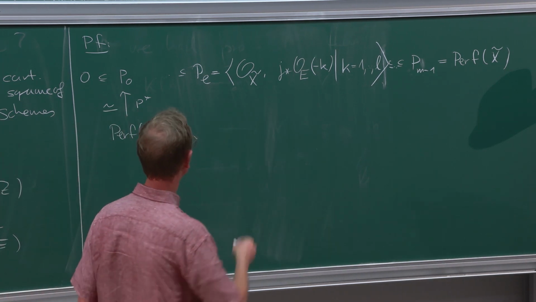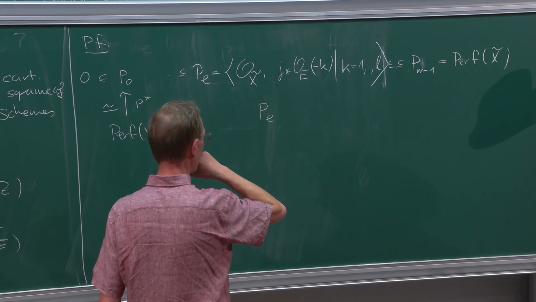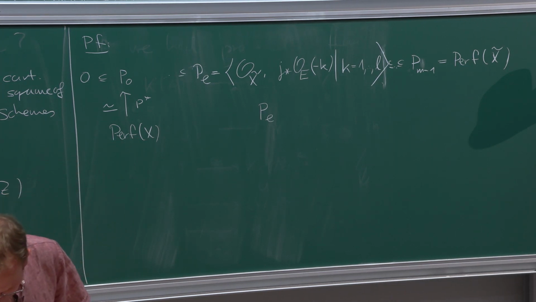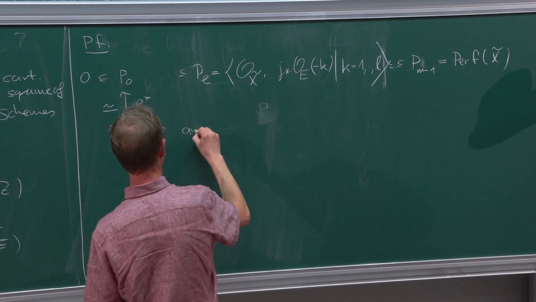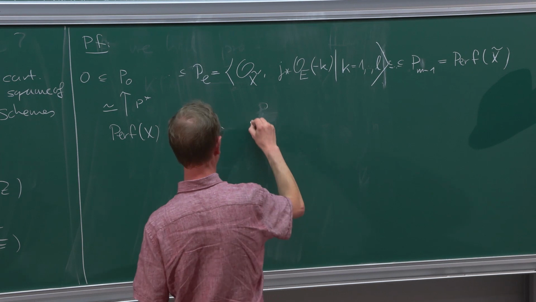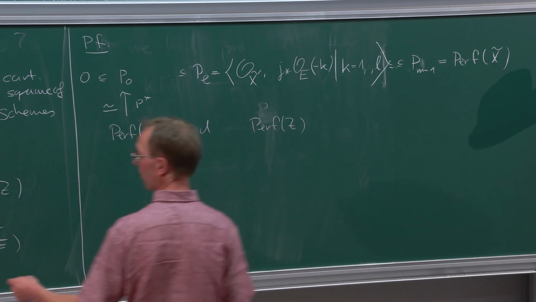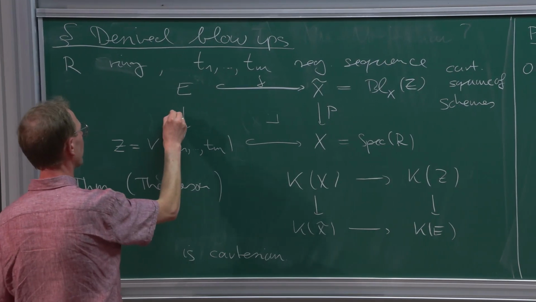And then for the higher ones, what you check is that the subquotients P_L over P_{L-1}, let me write it like this, we also can take something in perfect complexes on Z. Then I need more notations here.